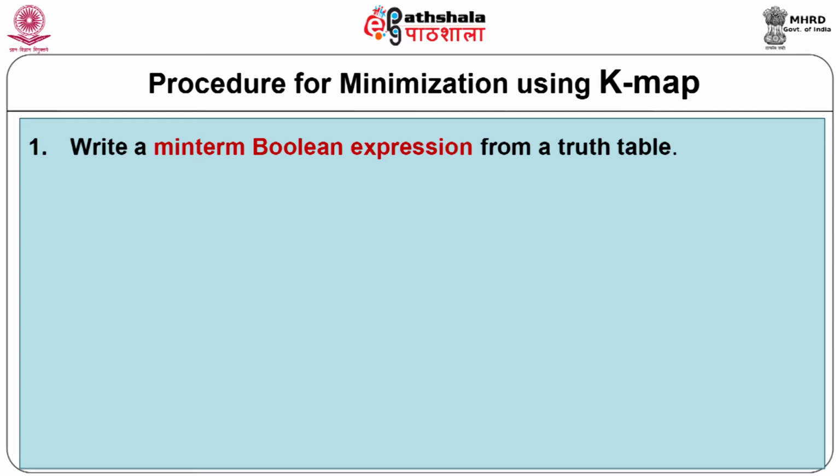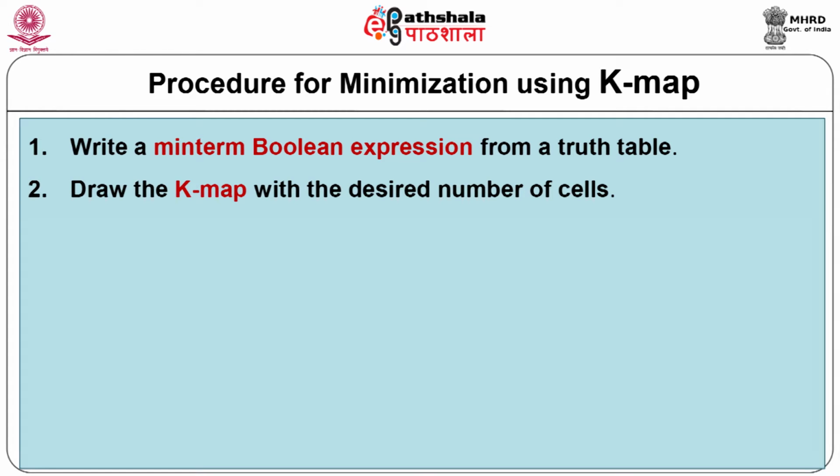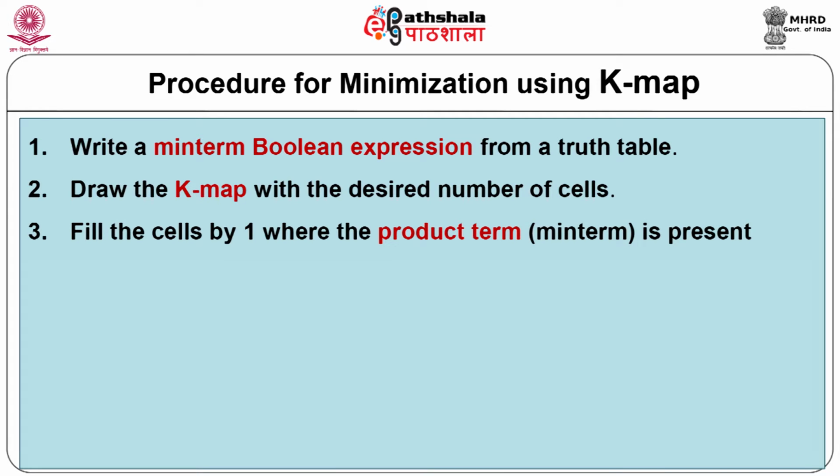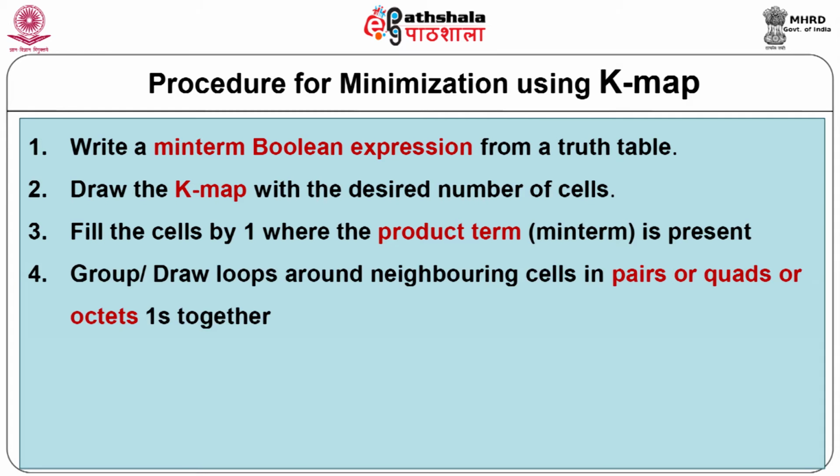Second, draw the K map with the desired number of cells. Step number 3, fill the cell by 1 where the product term is present. Step number 4, group or draw loops around neighboring cells in pairs, quads or octets of ones together.